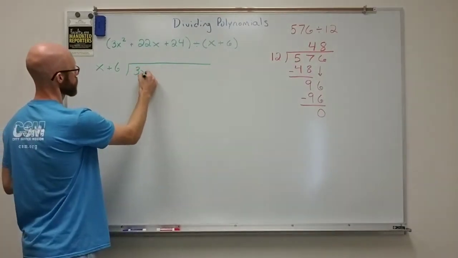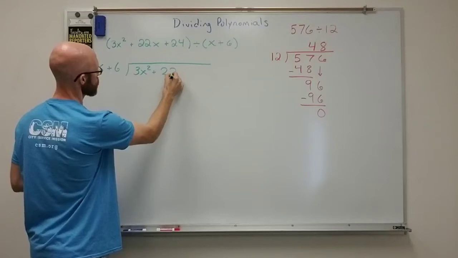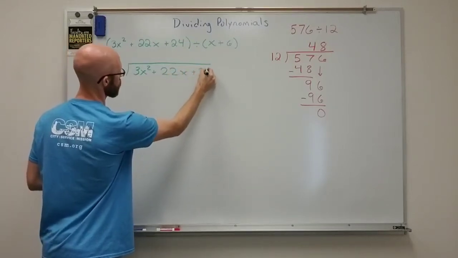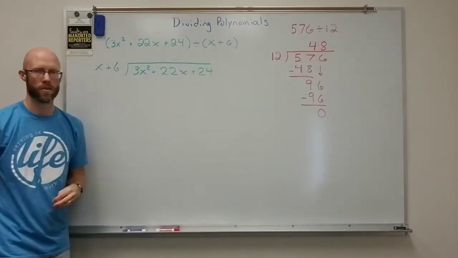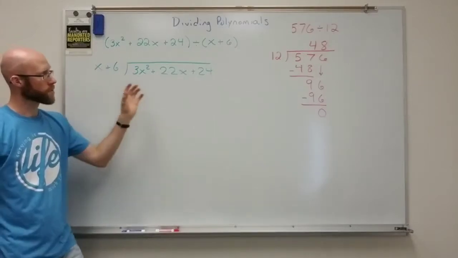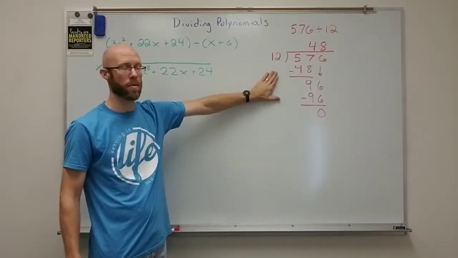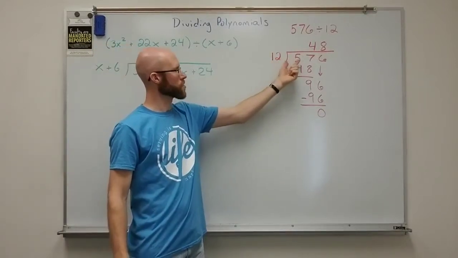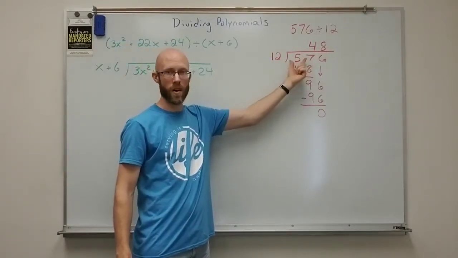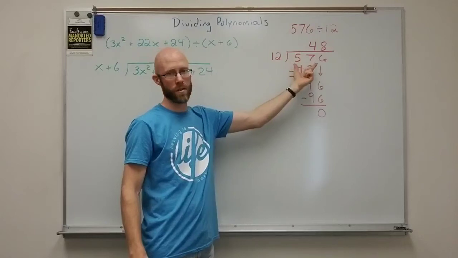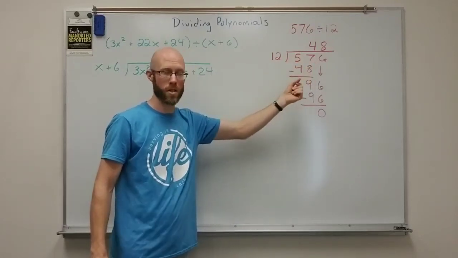And so that's going to be 3x squared plus 22x plus 24. Okay? So now, just like we did with the numerical example, we're going to take the divisor and divide it into the largest place values here, right? So 12 into 5 or 12 into 57 until it works out.